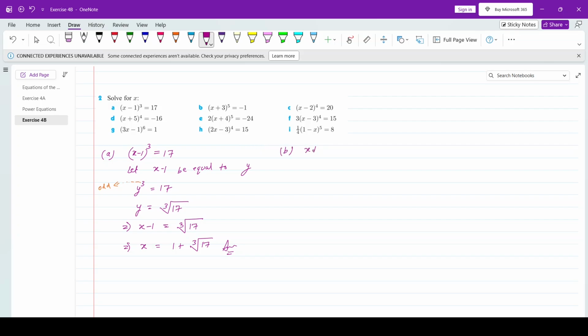B. x plus 3 raised to the power 5 is equal to -1. Now again we know this power is odd. Therefore, x plus 3 is equal to the fifth root of -1. Now what will be the fifth root of -1? So let's say if we multiply -1 5 times, what do we get?